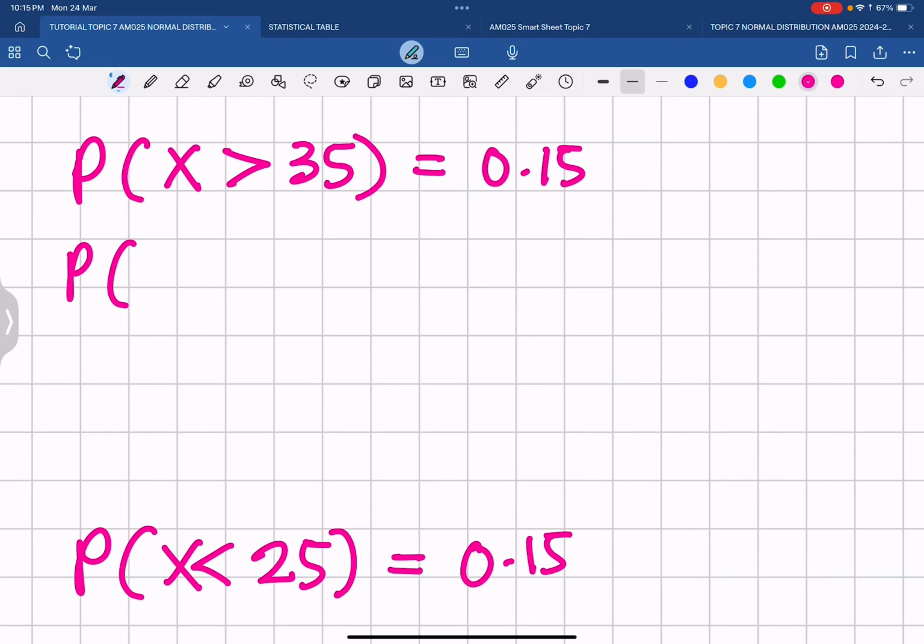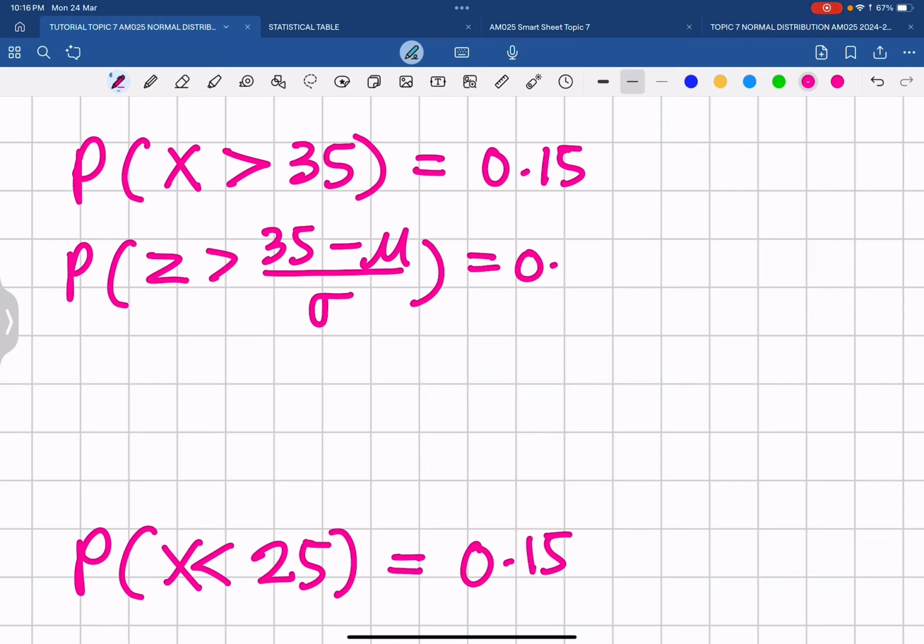Let's standardize. Z greater than (35 minus the mean) divided by the standard deviation is equal to 0.15. Then let's find the value for 0.15 in the table.